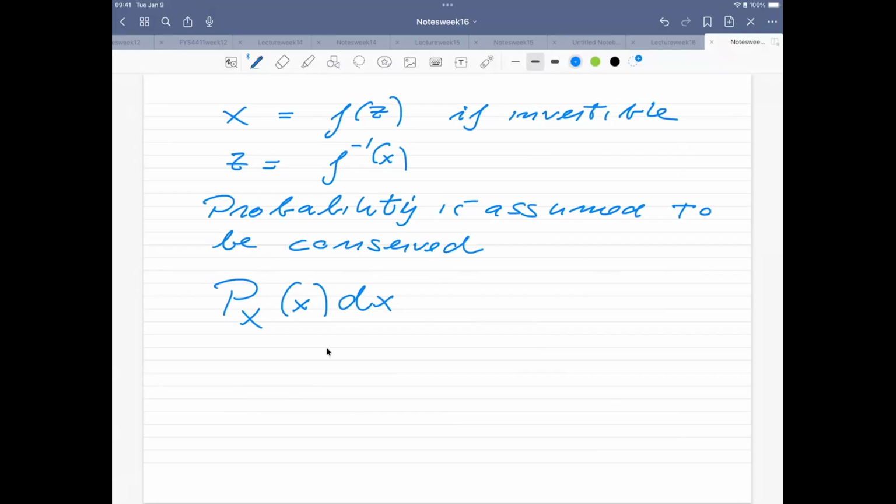And this is a typical expression you will find in statistics textbooks on probability distribution functions. Then, since probability is conserved, a smart change of variables should not change probabilities. Okay? This is like energy is conserved. You often find a calculation you can do in another reference frame, which allows you to make the calculation in an easier way.